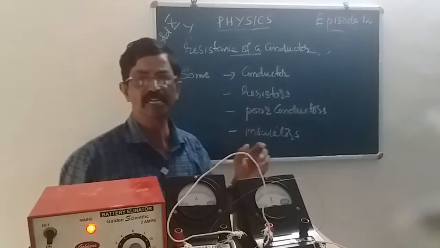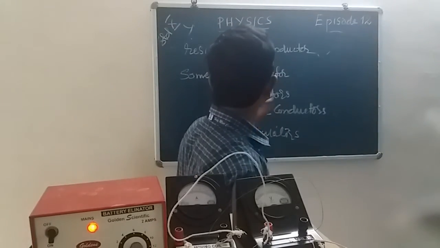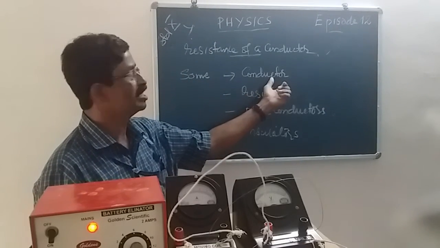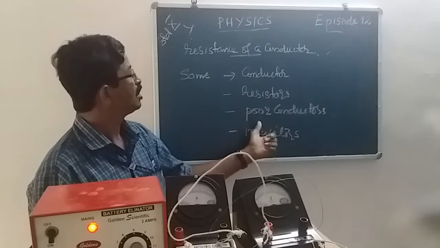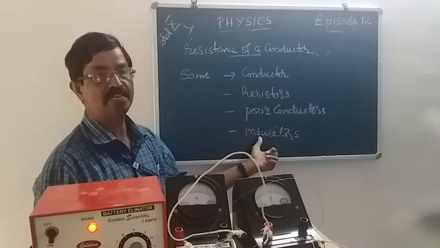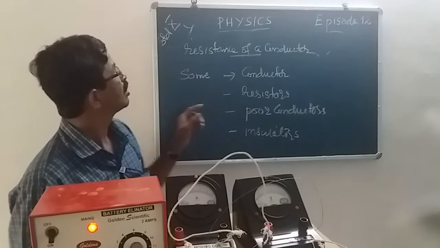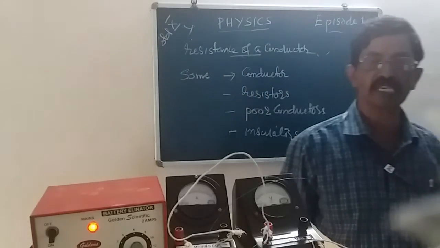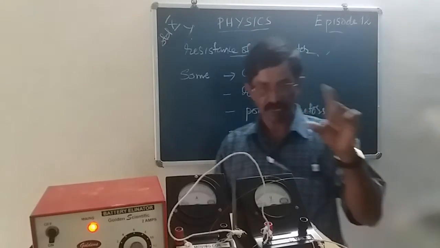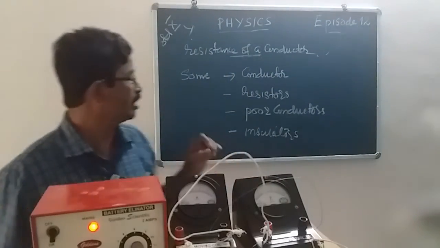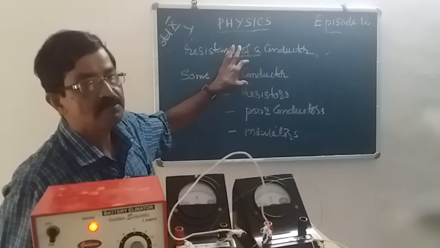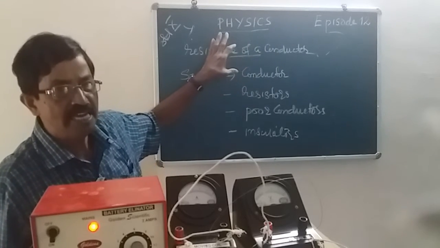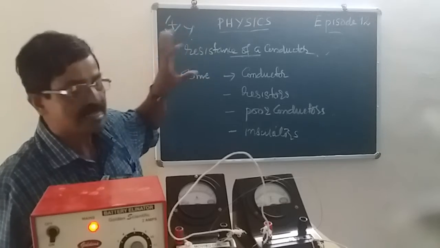When we discuss the resistance of a conductor, we want to know what a conductor, resistor, poor conductor and insulator are. Once again, a conductor allows electric current to pass through it very easily without much resistance.